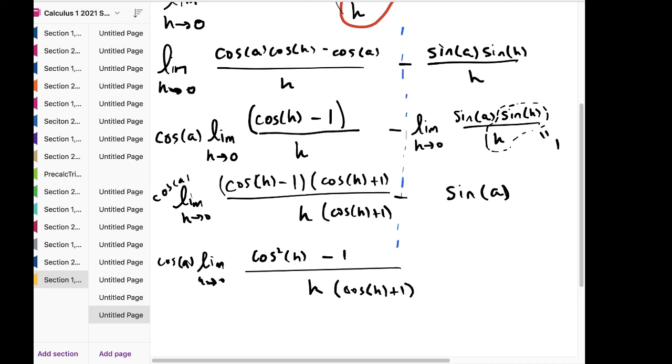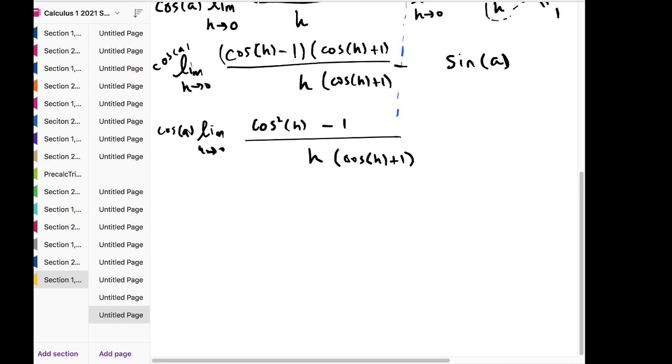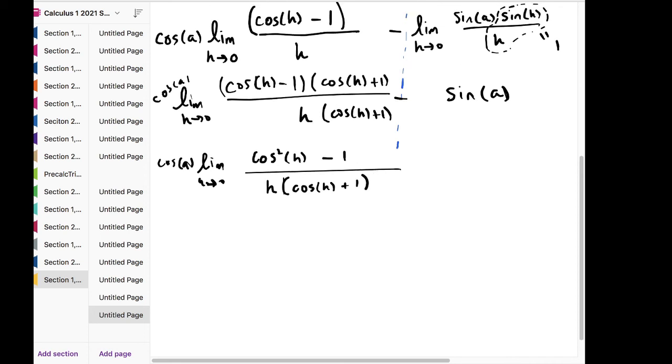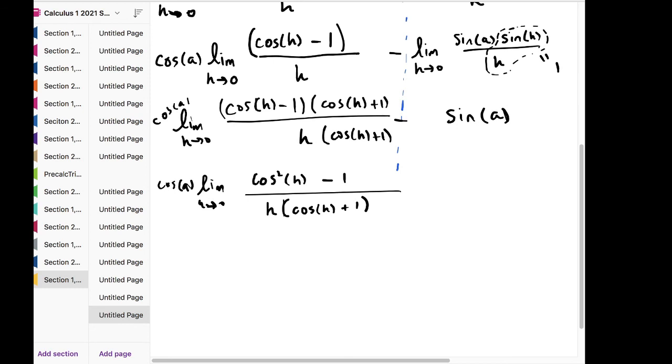Okay, so how do you do this limit now? How do you continue? If you forget why, remember this is kind of similar to the conjugate trick for radicals, but it's our trig version of the conjugate trick.